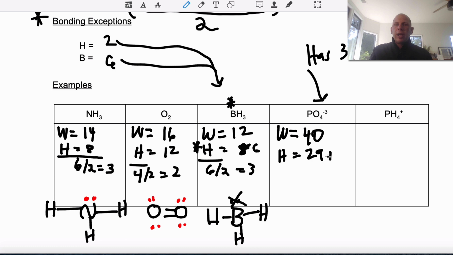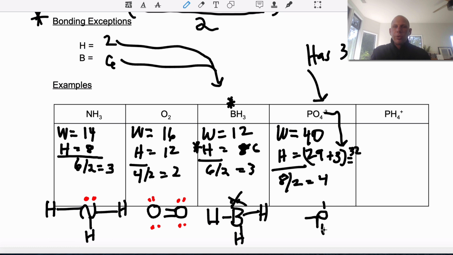So you're going to do 29 plus 3. Remember, we add it there. Okay, so that's going to be a total of 32. 40 minus 32 is 8, divided by 2 equals 4. So no difference there. P, 1, 2, 3, 4, O, O, O, O.